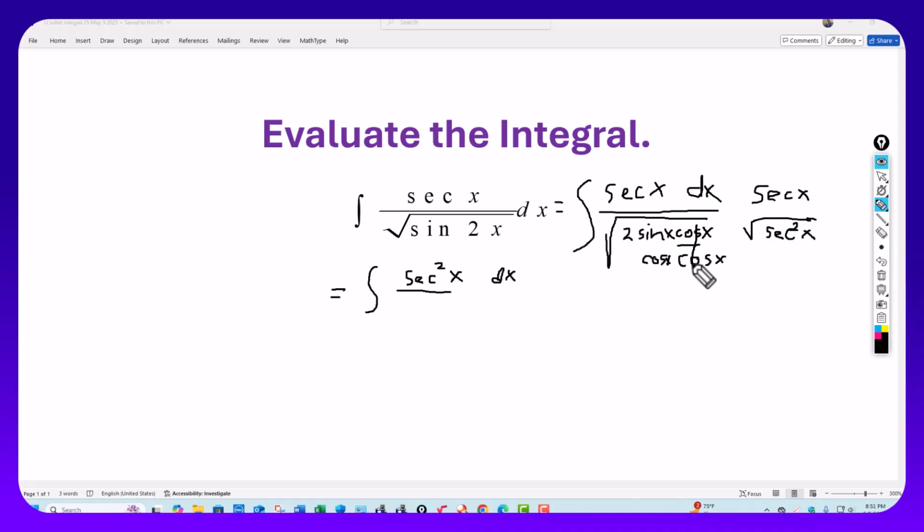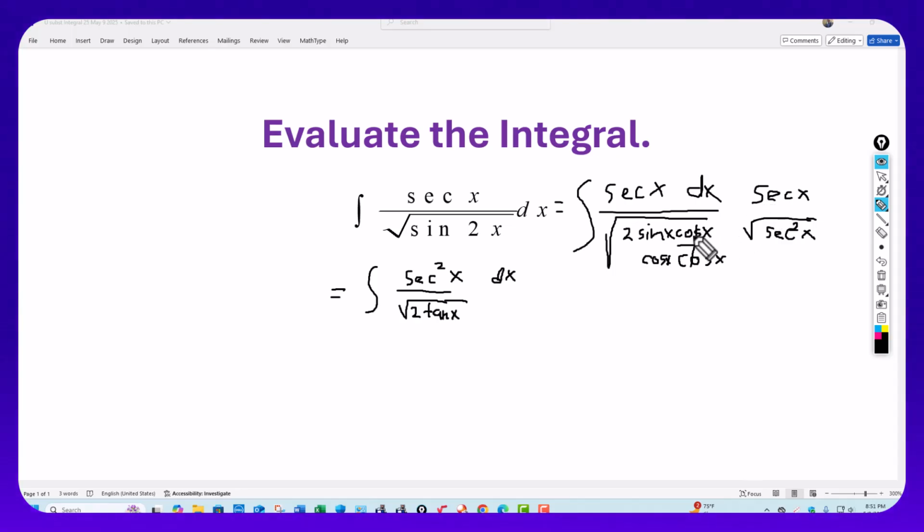So this is going to cancel here, and it's going to give me the square root. Sine of x over cosine of x here is tangent. With the 2 here in front, this is 2 tangent of x. Again, secant of x here, and the square root of secant squared here, just the same thing, because the square root of secant squared is secant of x.